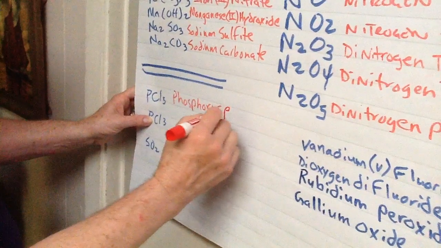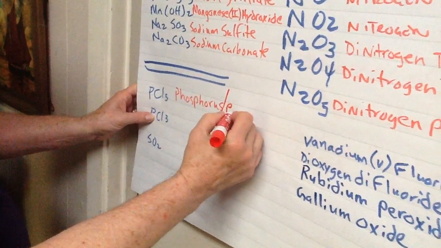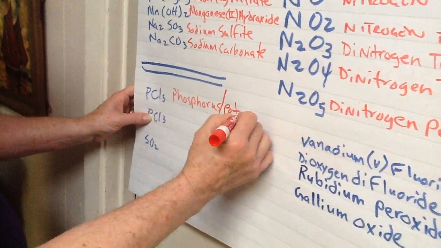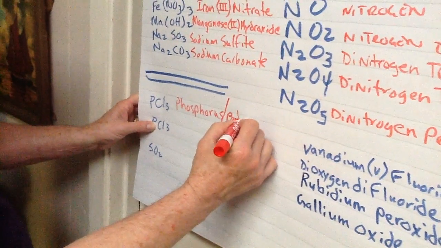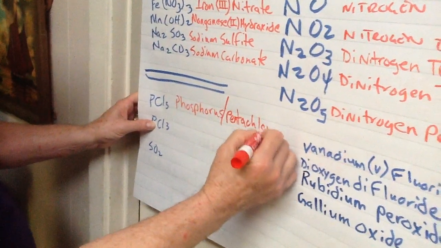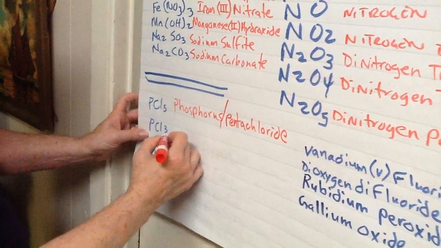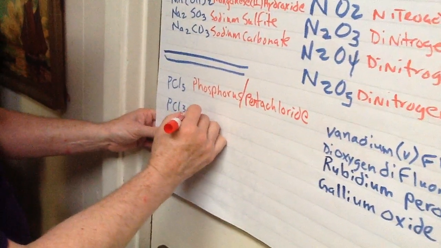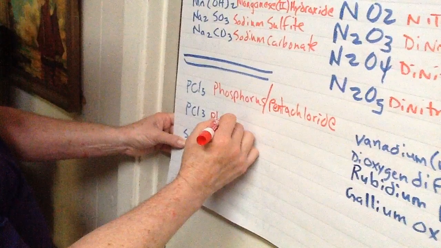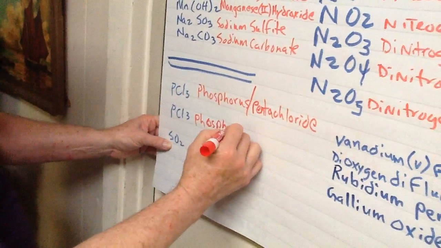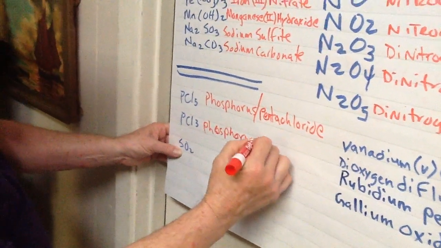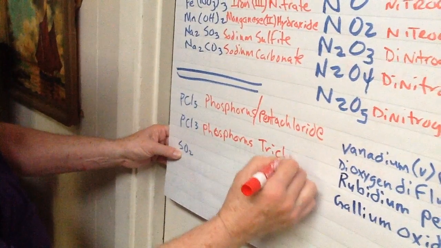Penta, this is a separate word. Penta chloride. The next one would be phosphorus trichloride.